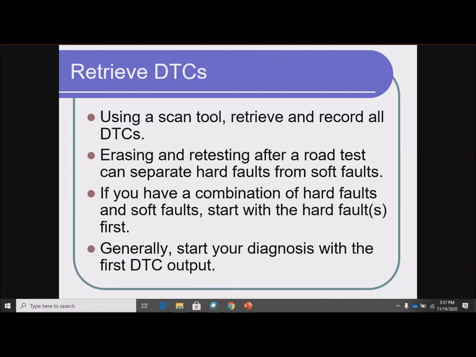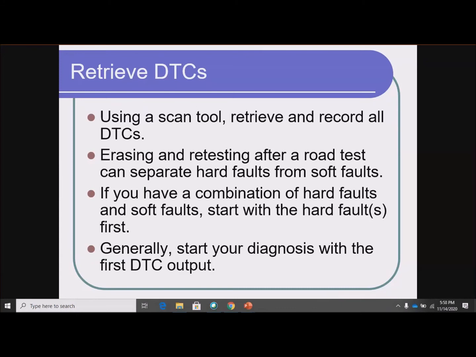If you have a combination of hard faults and soft faults, obviously start with the hard faults first. Fixing those may take care of everything. And generally speaking, if you have several codes, whichever one comes out first, jump on that one. Now, this semester in the shop, we had a weird one, a Honda Odyssey van, if I remember right, and one of you owned it.